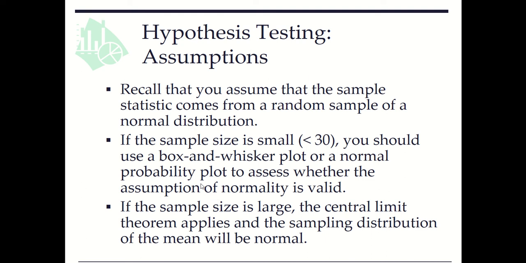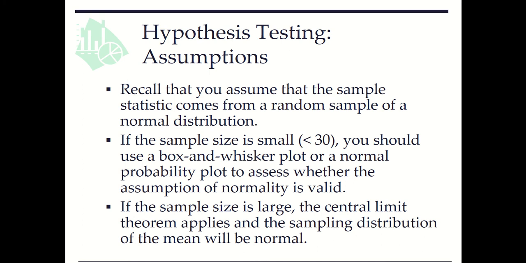If the sample size is large enough, say greater than 30, then we don't need any assumption regarding the population shape. If the sample size is small, then we need to test the sample to see whether the data follows an approximate normal distribution.